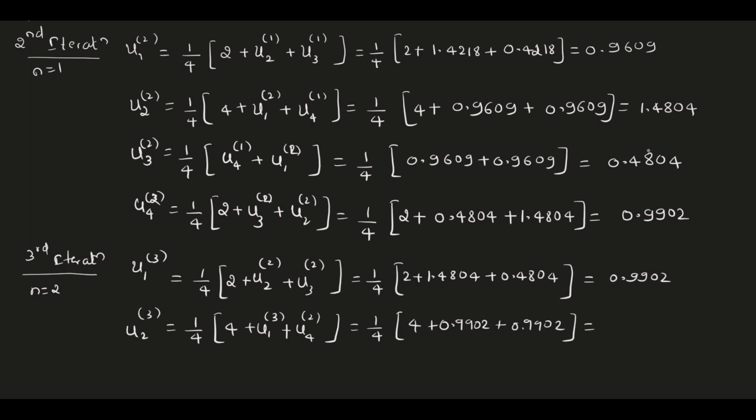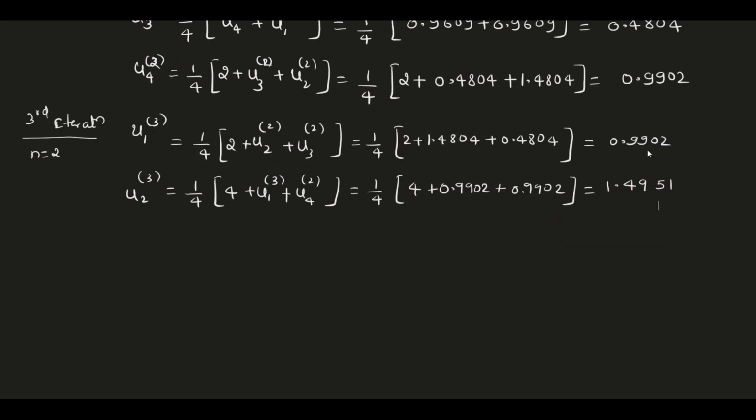So add them with 4 and divide by 4. What are you going to get? u2 of 3, third iteration. You will get 1.4951.